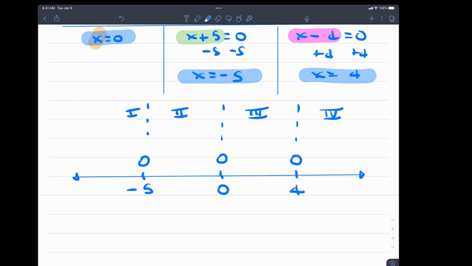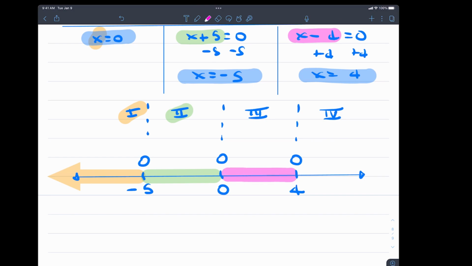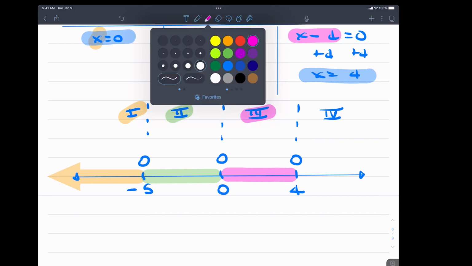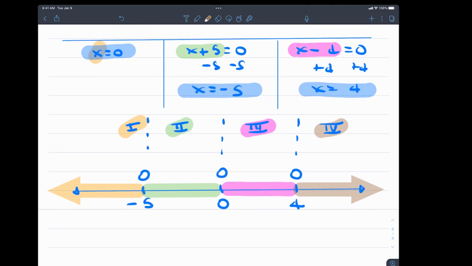Region 1, any number to the left of negative 5. Any number between negative 5 and 0 is in region 2. Any number between 0 and 4 is region 3. And then any number bigger than 4 is region 4. This is how we use the solutions on the real number line for sign analysis.